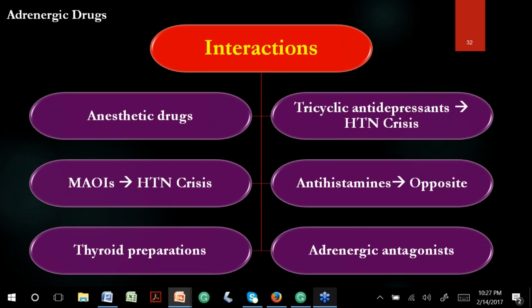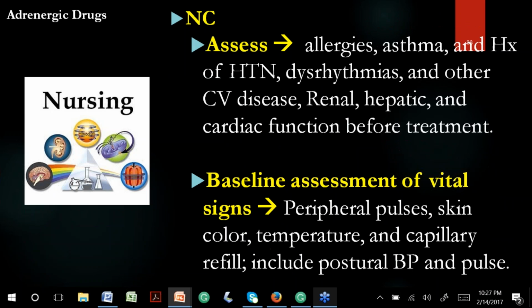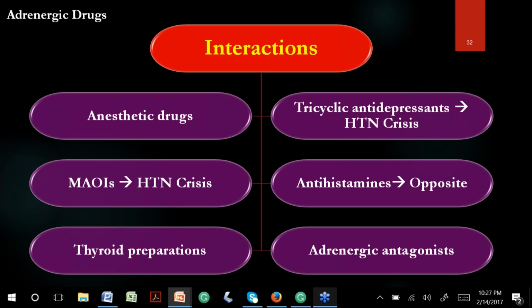All right, so let's see here. Interactions of the alpha agonists are going to be with anesthetic drugs. So what is an interaction? One is a depressor and the other is a stimulant, right? Because adrenaline, noradrenaline, dopamine are stressors, are stimulants. Meantime, anesthetic is going to do totally the opposite, so they are going to be antagonists, right?